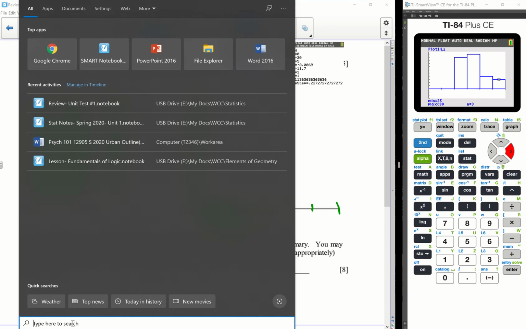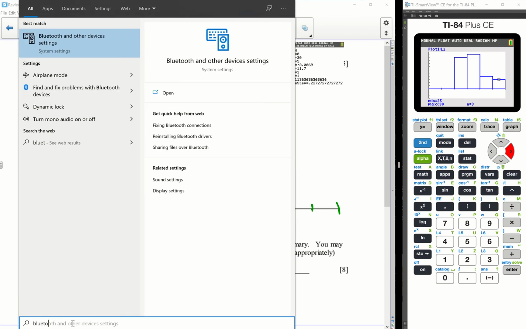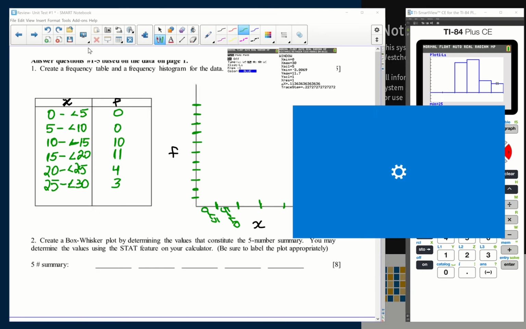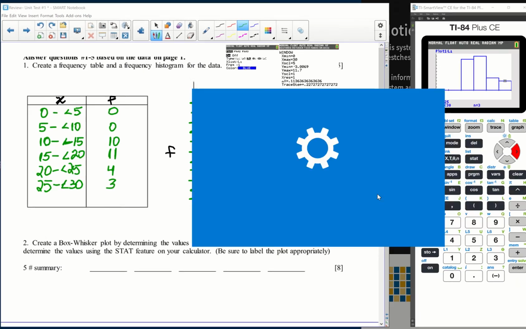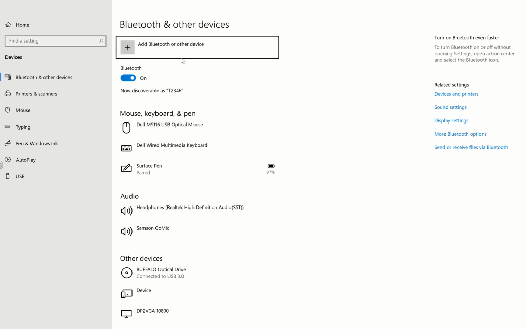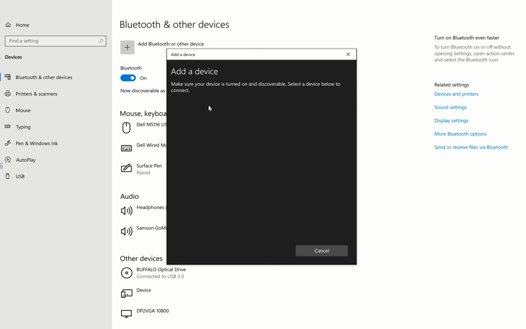Let me do Bluetooth. Well, I don't know which one it is.